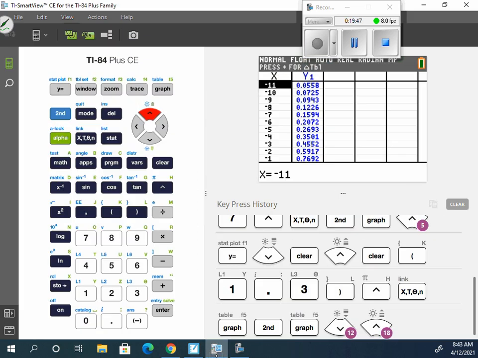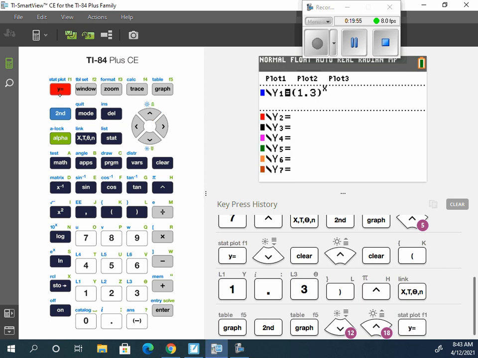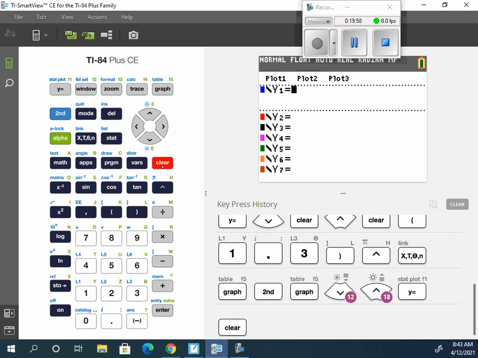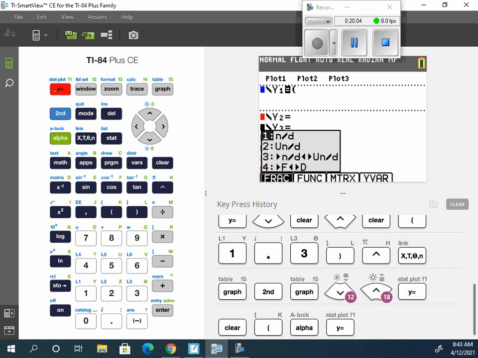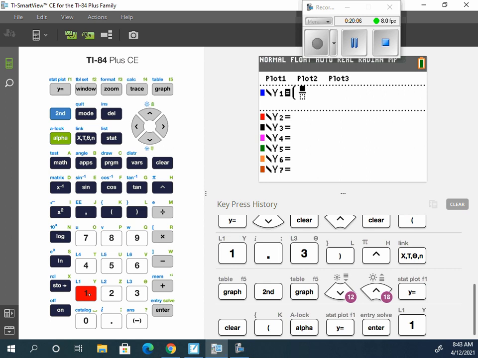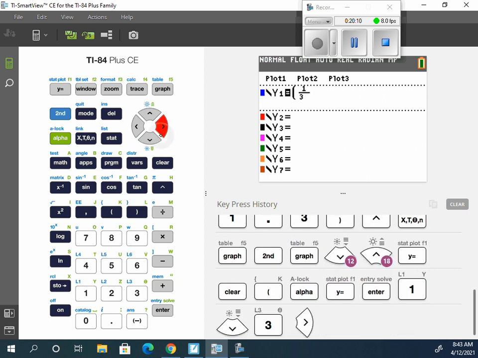Now, if I wanted to, I could come over here in the graphing calculator and go y equals. I can type in 1/3 to the x.